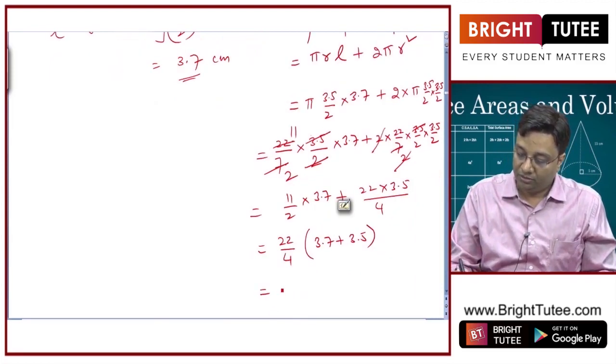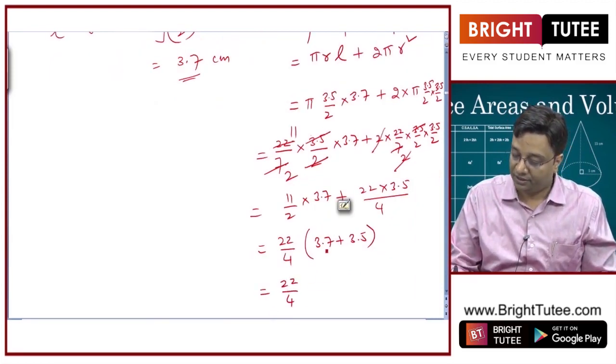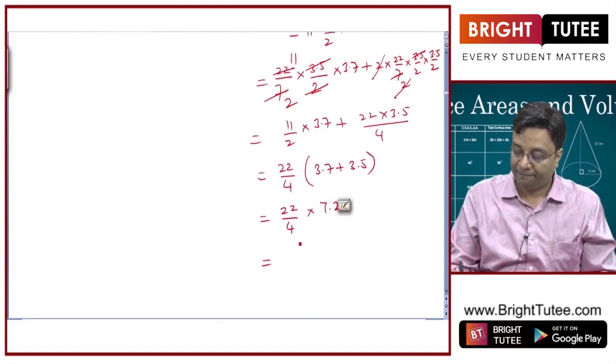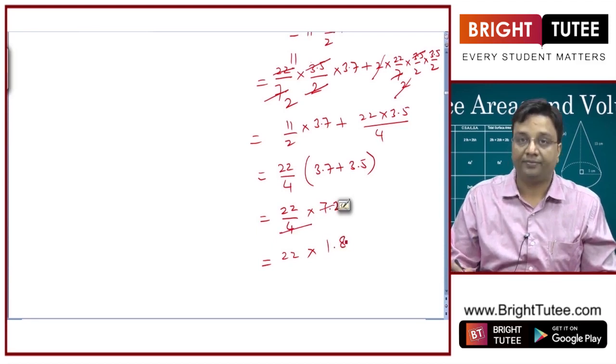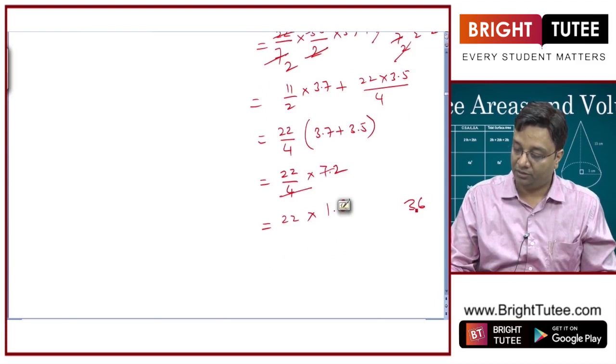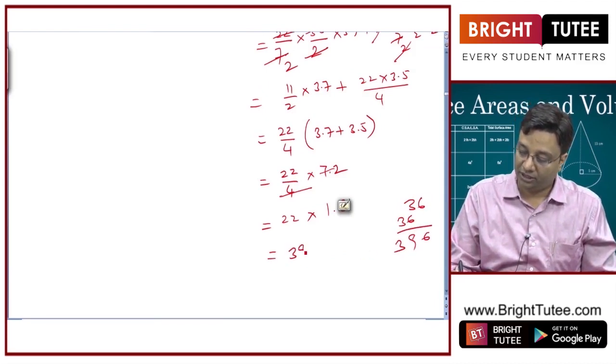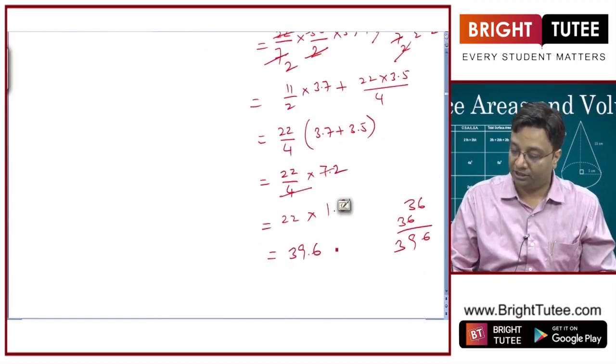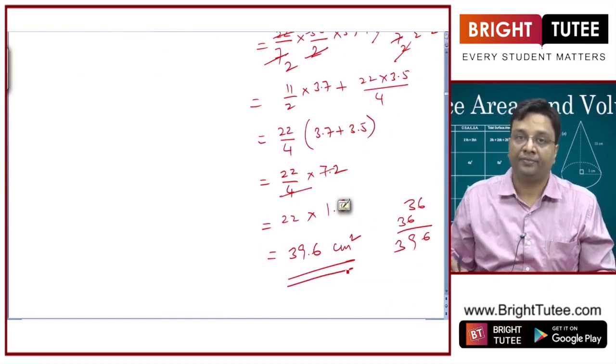So this is equal to 22 by 4 into, 3.7 plus 3.5 will be 7.2, okay, and which will be easily cancelled by 4, 1.8. So now you can do the multiplication. So it is equal to 39.6, and we are talking about area here, so it is centimeter square, right.